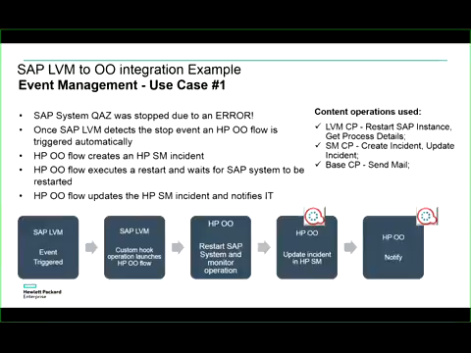Once the flow has created the HP Service Manager incident, it will execute the restart operation on the SAP system, and if it succeeded, then the Service Manager incident is updated and the IT Service Desk is notified with an email containing the Service Manager incident details.